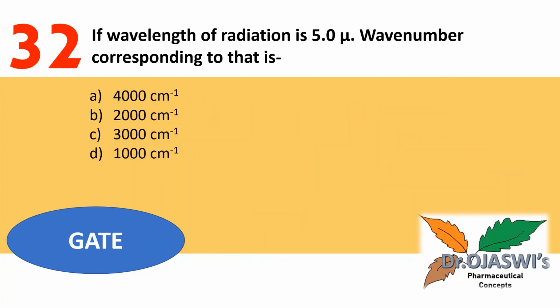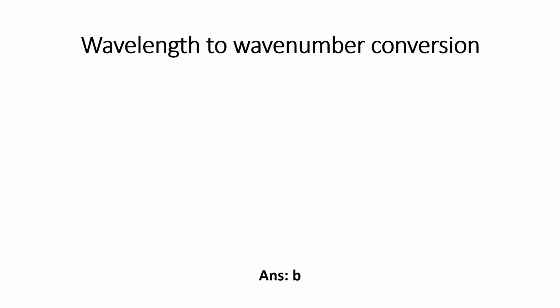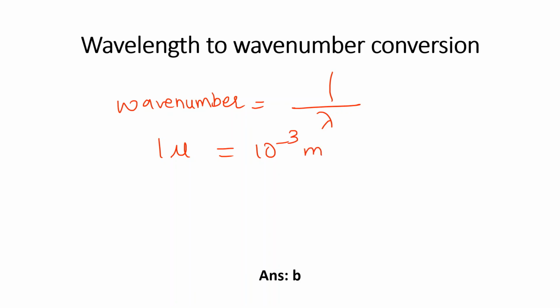If the wavelength of radiation is 5 microns or 5 micrometers, the wave number corresponding to that is... So to convert wavelength into wave number, we have this formula: wave number is equal to 1 upon wavelength. And we know that 1 micrometer is equal to 10 raised to minus 3 millimeters, which is equal to 10 raised to minus 4 centimeters.